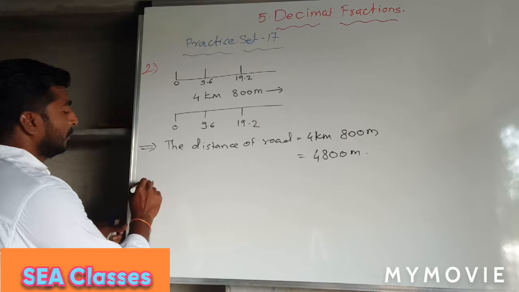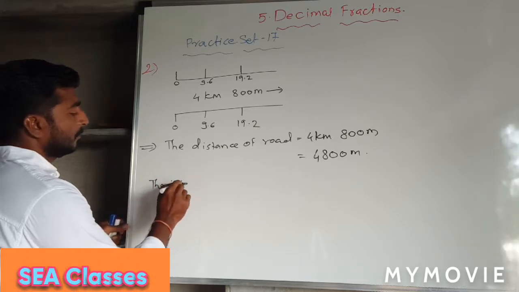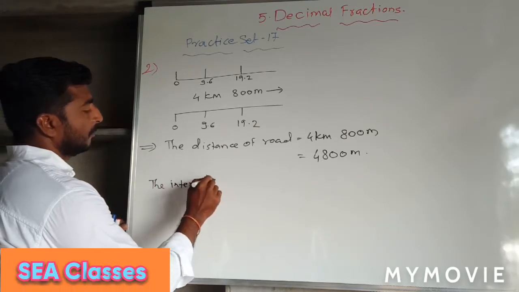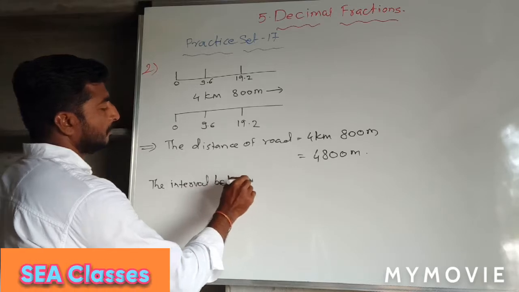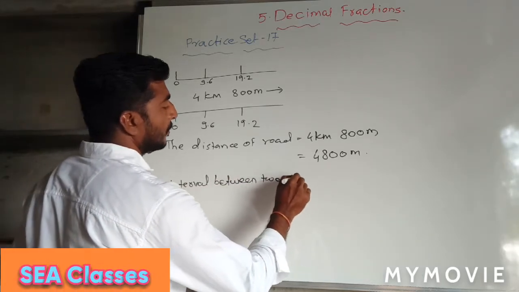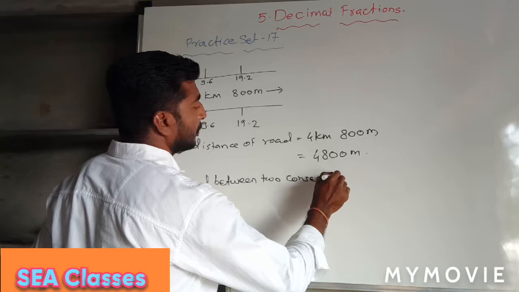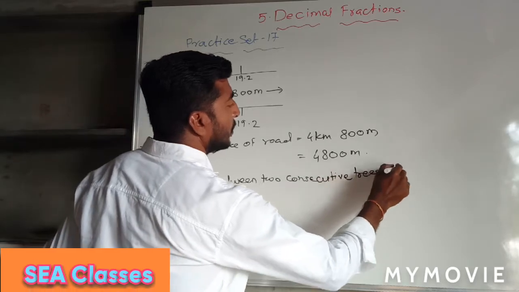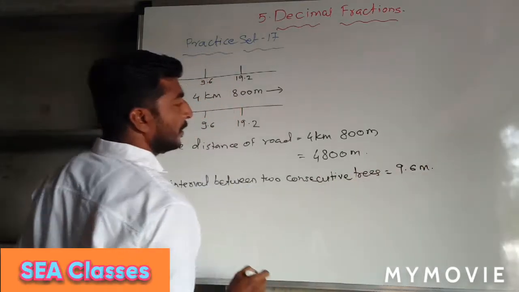Now the interval between two consecutive trees is equal to 9.6 meter.